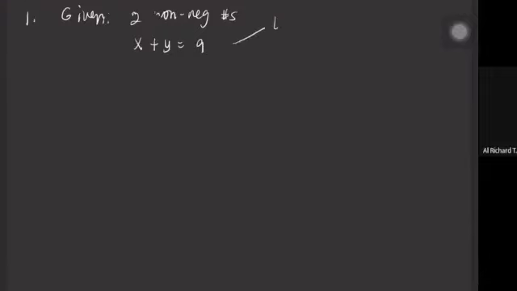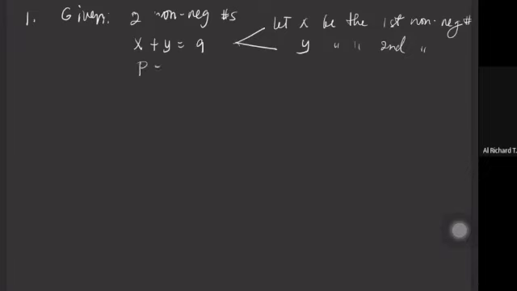Given that, let x be the first non-negative number, and let y be the second non-negative number. And also, another clue that was given, the product is given by the equation P equals x times y squared.